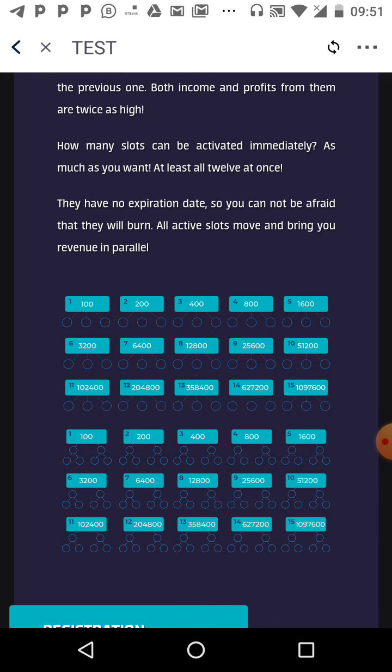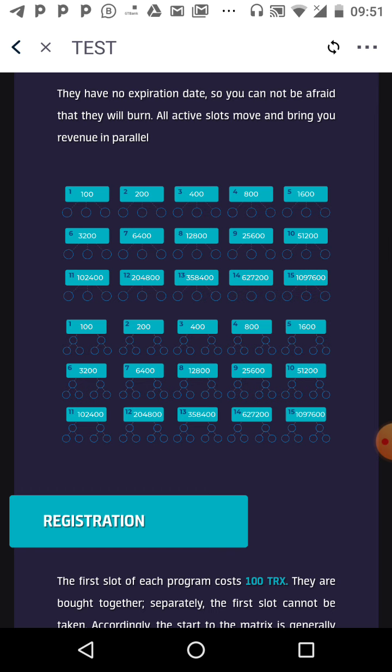They have no expiration date, so you cannot be afraid that they will burn out. All active slots move and bring you revenue in parallel. That means for life you're going to be making money from this system, whether the system likes it or not.